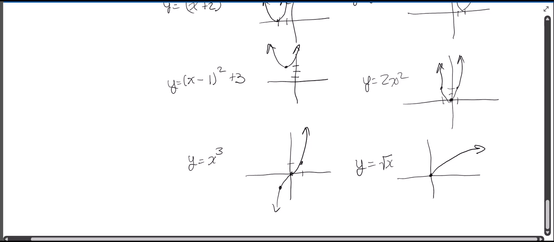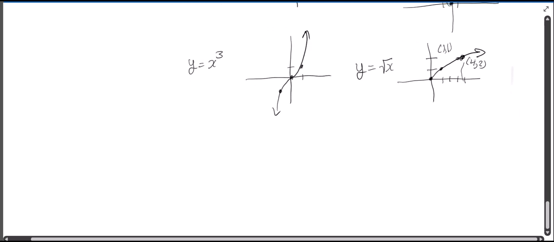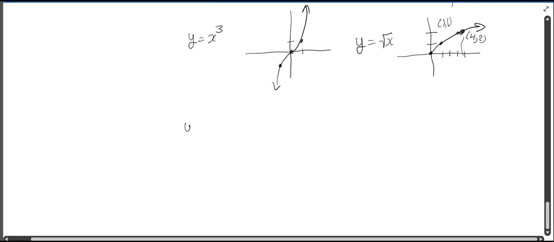And it has the point 0, 0, and 1, 1, and 4, 2.